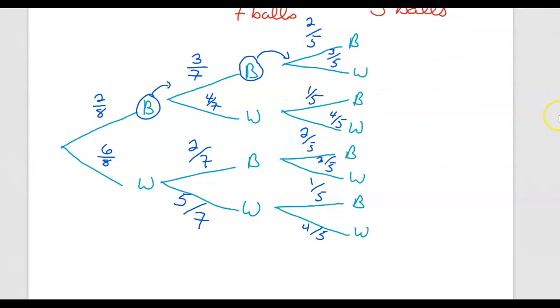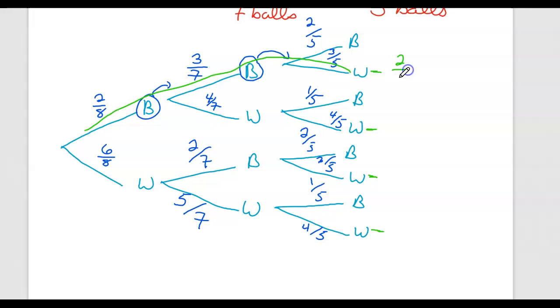So you need to kind of draw a tree diagram, because then we're going to come through here and multiply our probabilities. We want to look at each time we draw a white at the very end. Well, we have to follow the branches and look at their probabilities. Well, this branch goes back here.